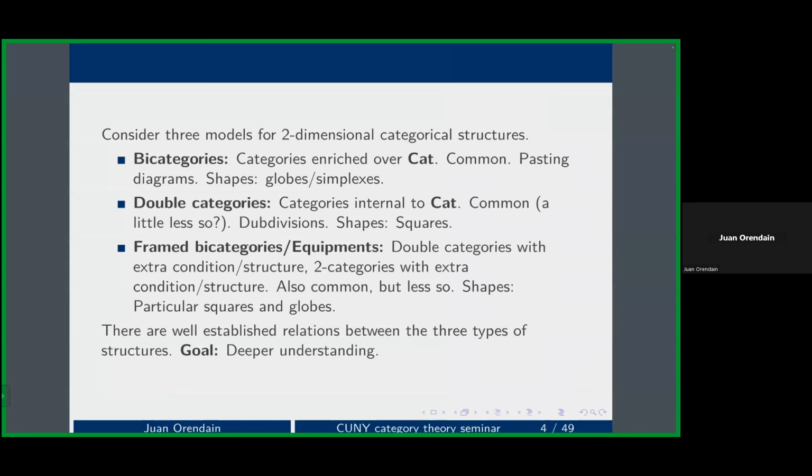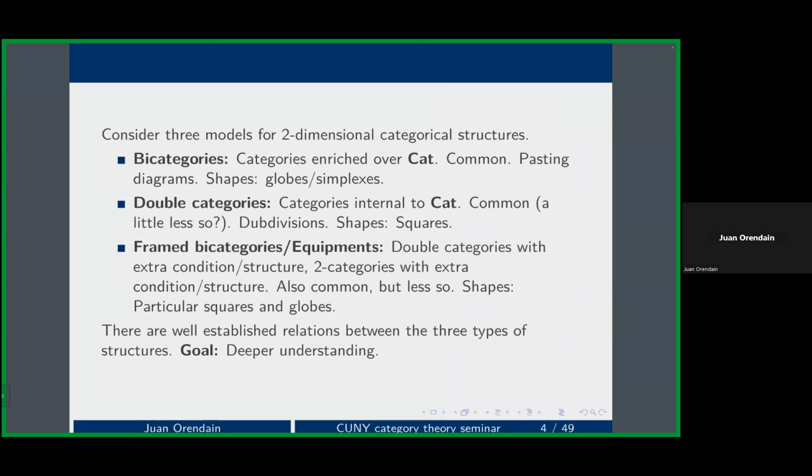So they're what you already know: objects, 1-cells and 2-cells, and you have 2 directions in which you can compose. Usually if you have an object, a type of morphism between these objects, and a morphism between these morphisms, then you have yourself a 2-category or a bicategory.